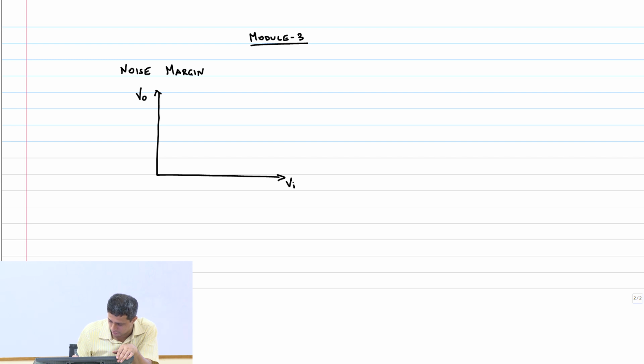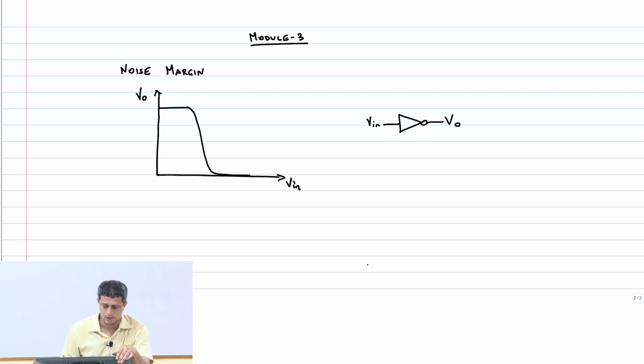V out versus V in. This is my transfer characteristic. Right?